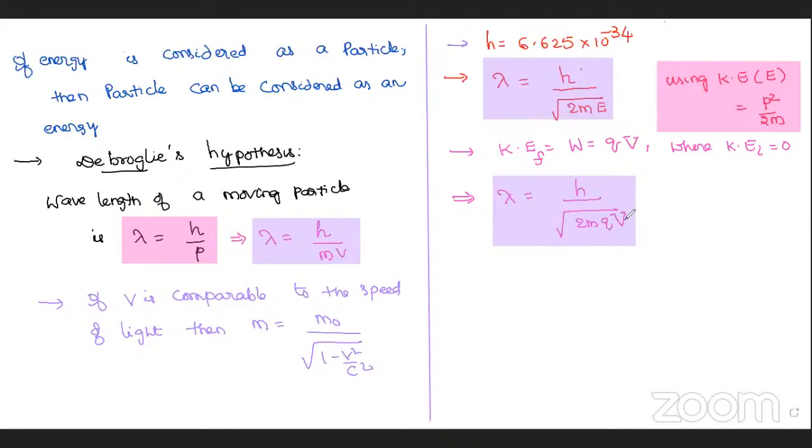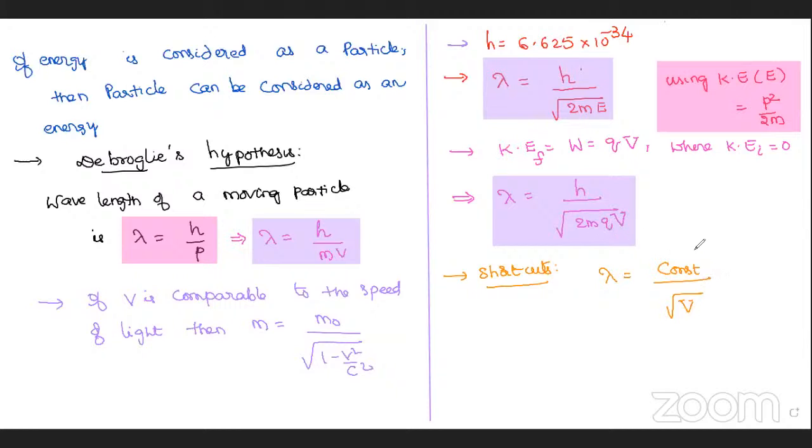If the potential difference is given, then how do you write the wavelength as a shortcut for different particles? Here we are writing the shortcuts. I want lambda in terms of some constant divided by root V. By taking those constants for different particles, mass and charge will be different.